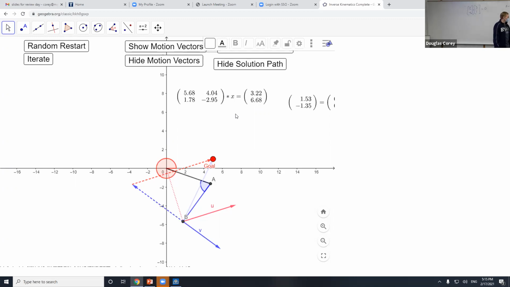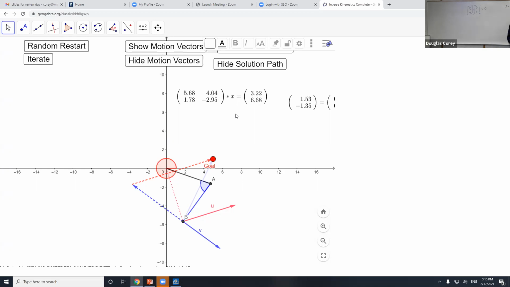What's the easiest way to solve this with a 2x2? Braden, you can do your sign language. I'm just kidding. Out loud. Yeah, find the inverse. We have a nice formula for how to find the inverse of this.